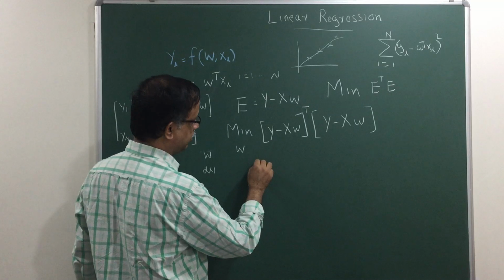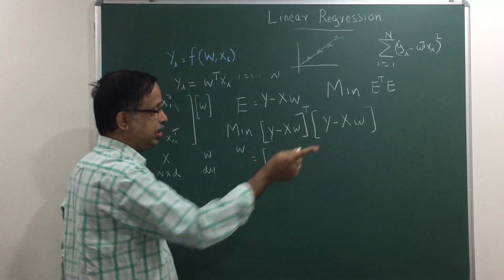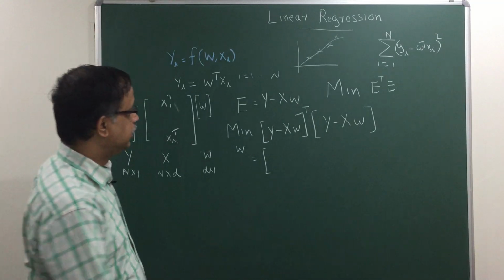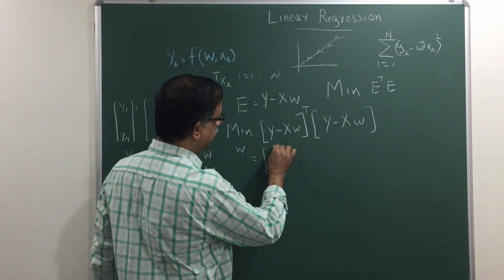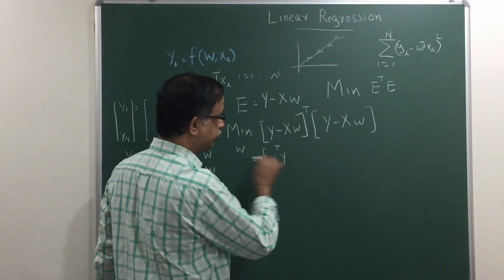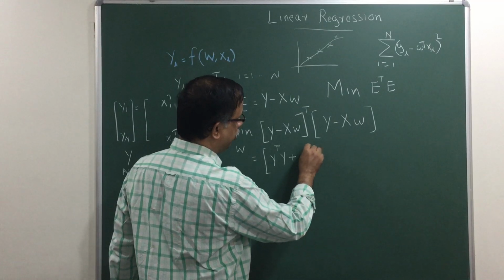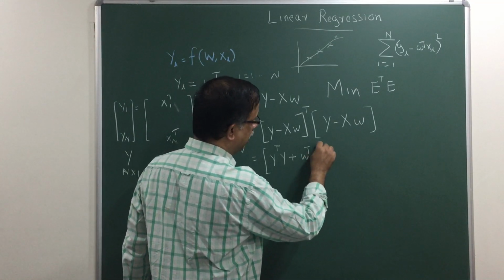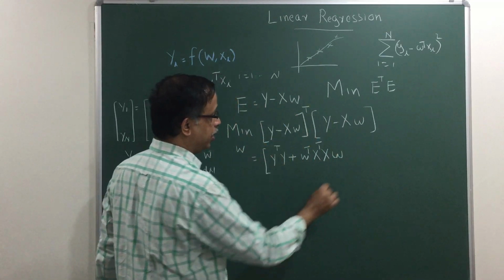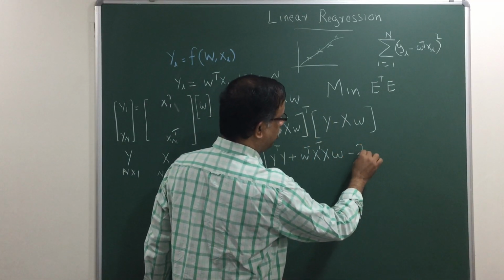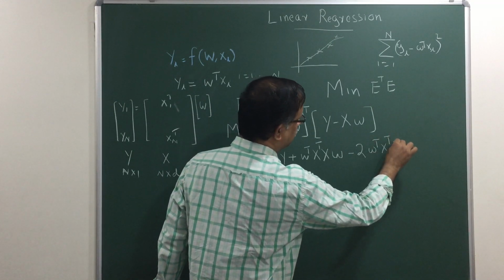If you just multiply and expand, you will realize there is a term y transpose y plus w transpose x transpose xw minus 2 w transpose x transpose y.